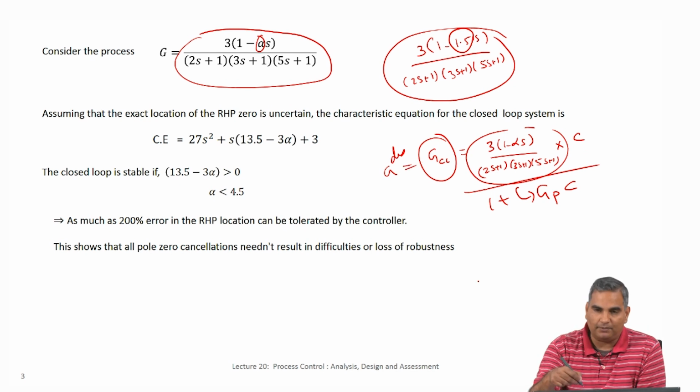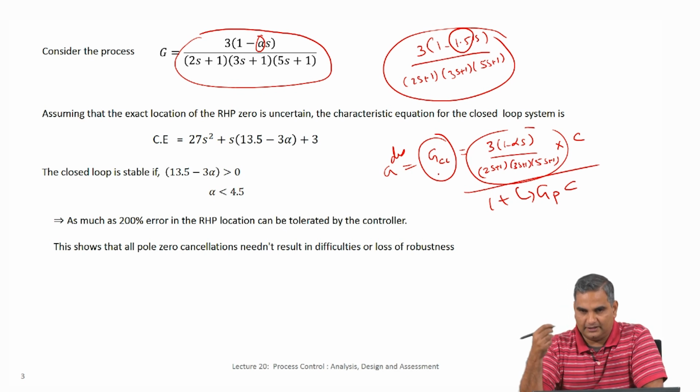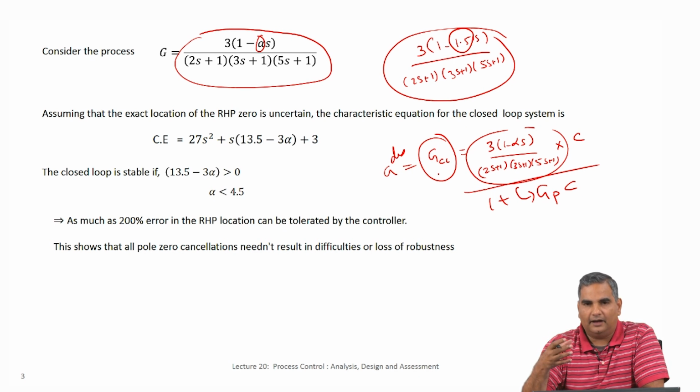So, the loss in performance is already there, which is the difference between G closed loop and G desired in some sense. So, performance loss because of model plant mismatch is okay, but I do not want the system to become unstable because of this plant model mismatch. So, I should also judge whether there is a possibility of that happening.